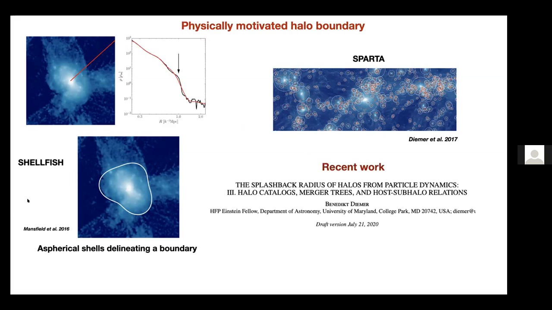In particular, Phil has been working on the Shellfish algorithm to find asymmetric edges, and Benedikt's work has been tracing particle orbits to define the edges. You should look at some recent work by Benedikt, where he's actually published halo catalogs and merger trees from splashback-defined halos.